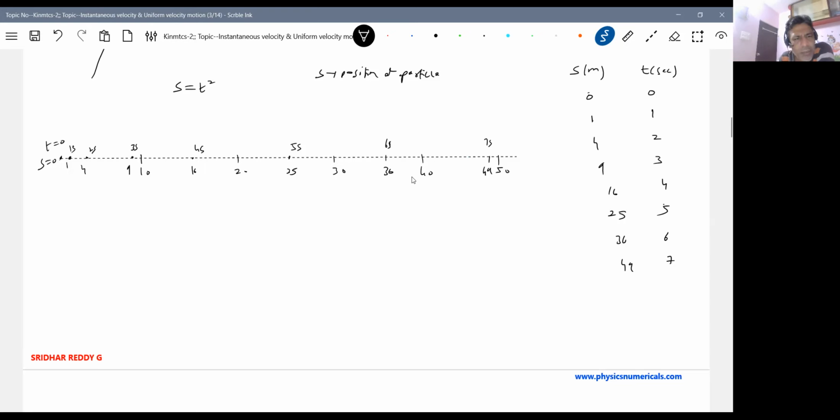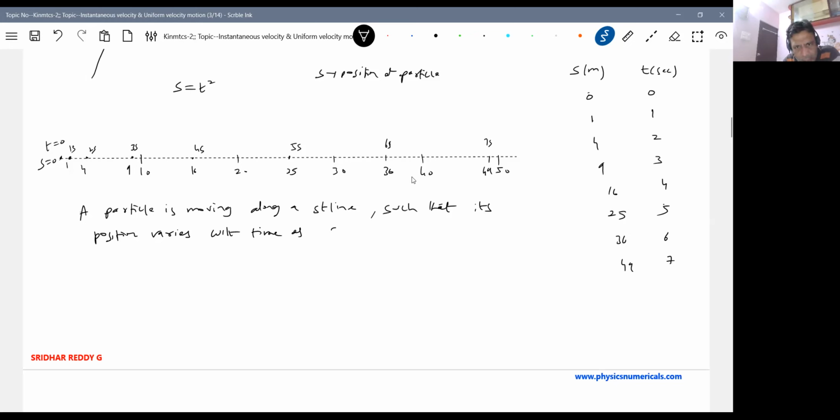Now let me ask you, what is the average velocity for 0 to 5 seconds? Let me write the whole description. A particle is moving along a straight line such that its position varies with time as s equal to t square.